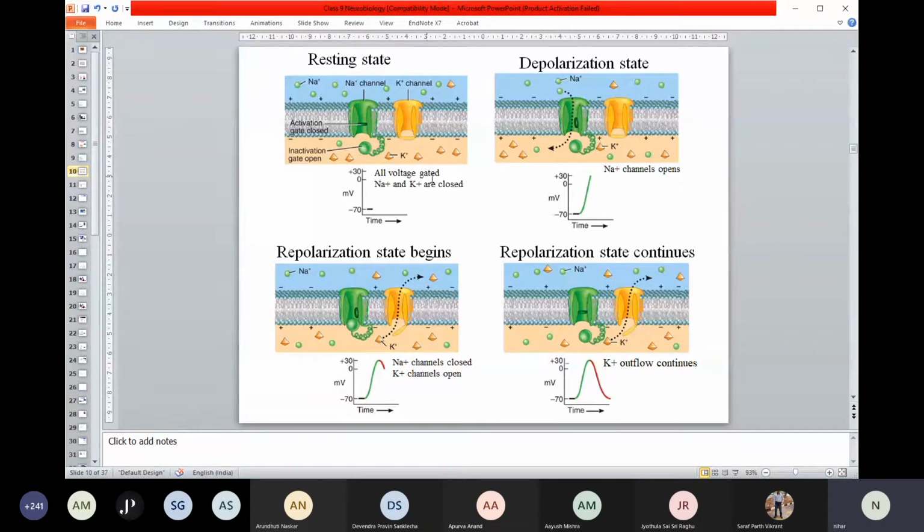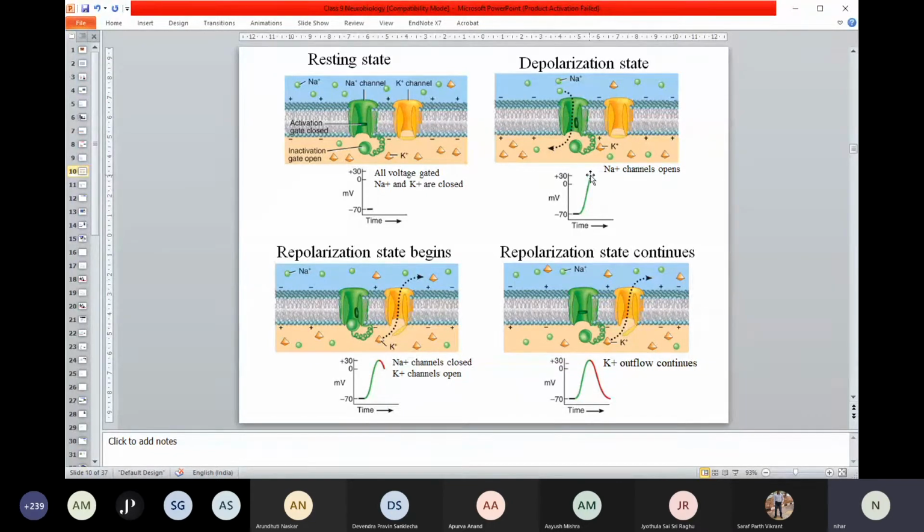That leads to flooding of sodium ion in, and you can see that leads to the rise of the peak. And as I mentioned, in just a moment this voltage gated sodium channel gets desensitized. Just showing here, the gate is now getting closed. Suddenly the gate is closed, so sodium ion cannot enter anymore.